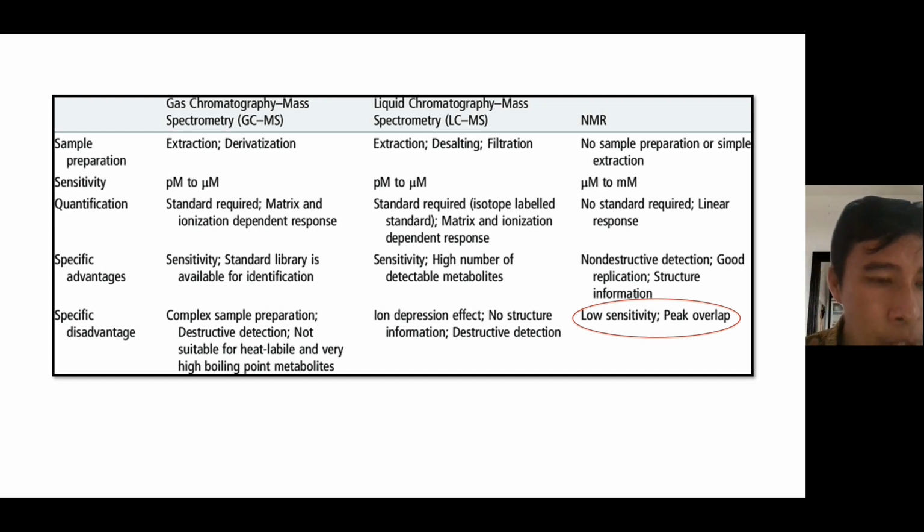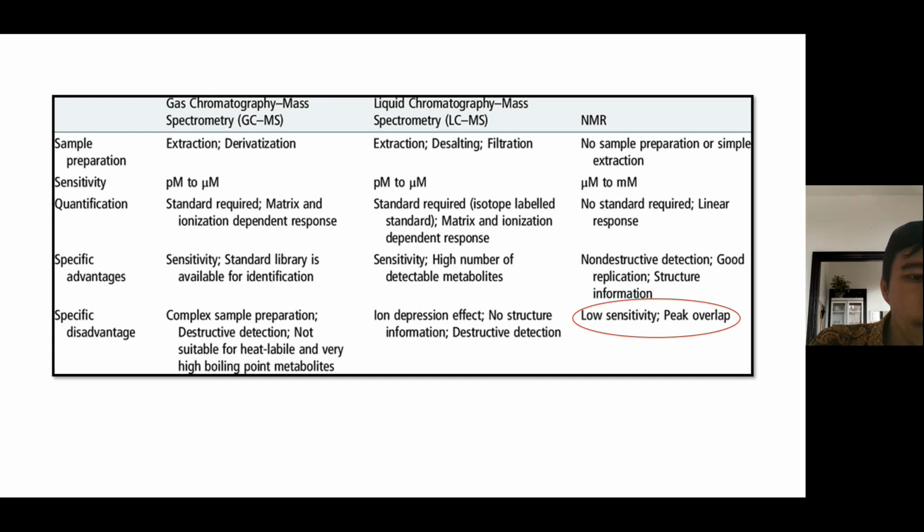And for the quantification, for GCMS and LCMS, you need a standard, in order to compare it to the concentrations of your samples. But for nuclear magnetic resonance, you don't need a standard. You don't need a substance, for example, with identified concentrations as standard samples, because it will work with a linear response.